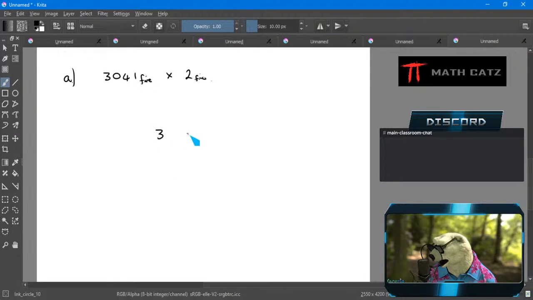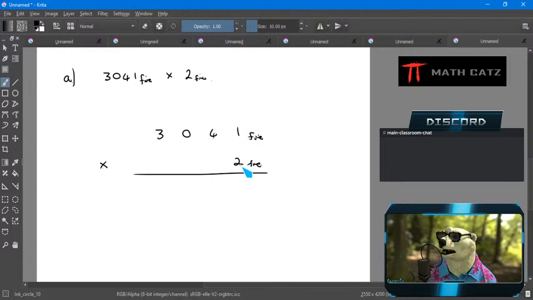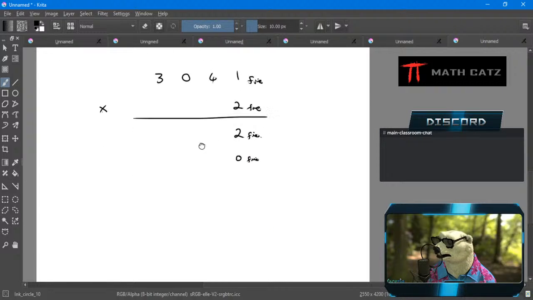So I line it up, 3041. If you said 3041, then slap yourself on the wrist because it is not a thousand number at all. Times 2. 2 times 1, 2. Pretty easy. 2 times 4, well, I'm going to pad it with a 0. 2 times 4 is 8.